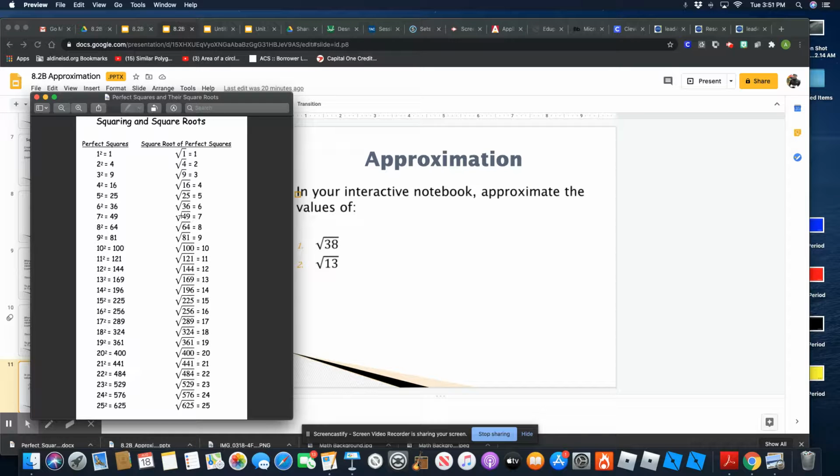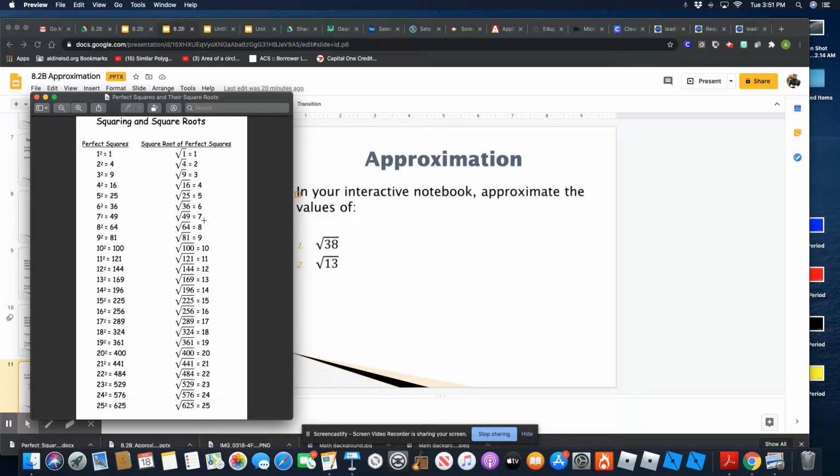Well, let me back up a second. The square root of 36, I know is 6. The square root of 49, I know is 7. Therefore, if I know that the square root of 38 falls in between the square root of 36 and the square root of 49, I can approximate the value of the square root of 38 to be between 6 and 7.